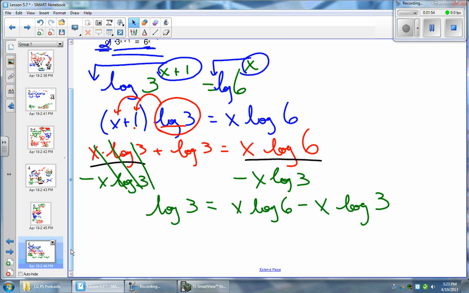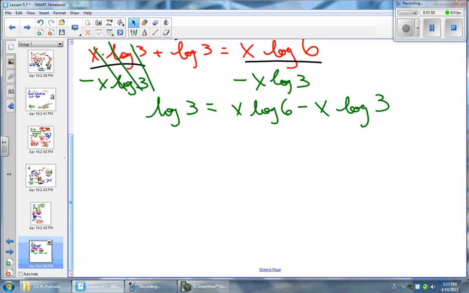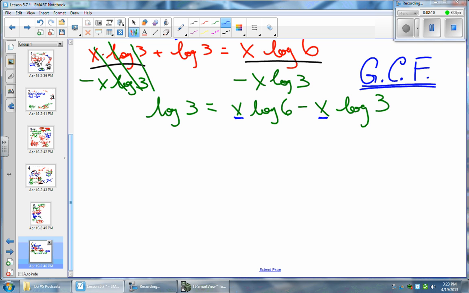Well, you're probably saying to yourself, how is that going to help you? Well, real simple. Watch. You have an x here and an x here, which of course, here's a blast from the past: greatest common factor. Yes, you can actually factor out an x, leaving you log 6 minus log 3 on this side, equaling log 3 on this side.